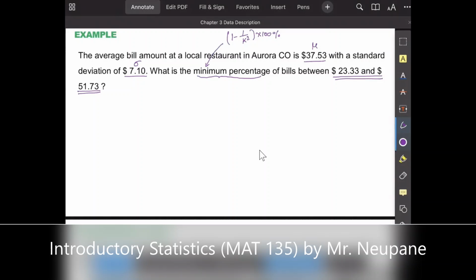You can also draw this along with me. In the middle, place your mean, which is 37.53. If you go one standard deviation up, what do you get? 37.53 plus 7.10. Please do that.